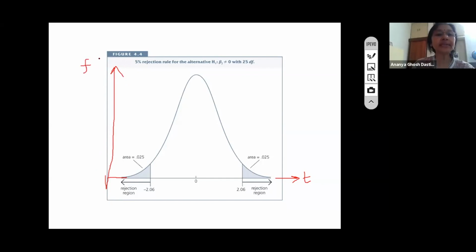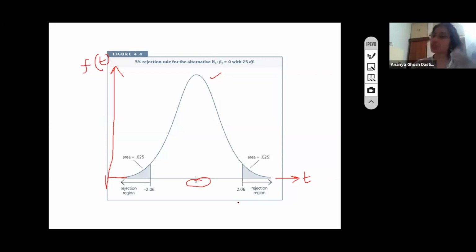The t density, which you can see on your screen, is symmetric around 0. Many of you would have learned in a preliminary statistics class that the t converges in distribution to the standard normal. When the degrees of freedom of the t distribution become very large, it just becomes the standard normal distribution, which is centered at 0.